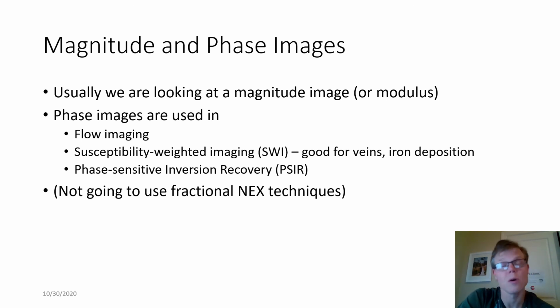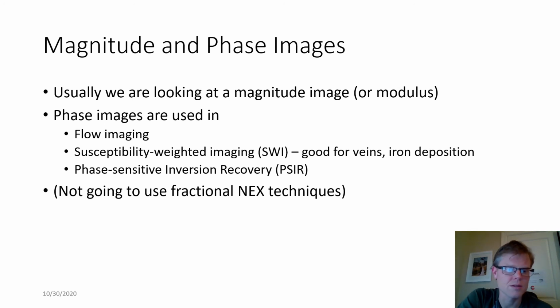And we're not always doing this partial Fourier technique because of some of these reasons below that we'll get into. But usually we are looking at magnitude images, sometimes referred to as the modulus. That's the usual diagnostic MRI used, but there are a few notable cases where the phase information is very important.